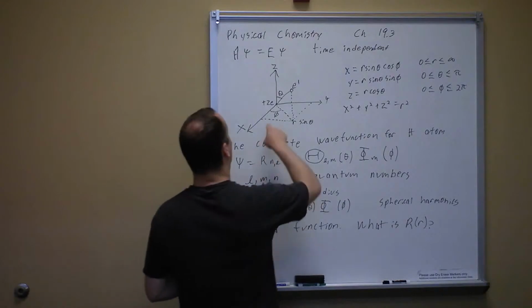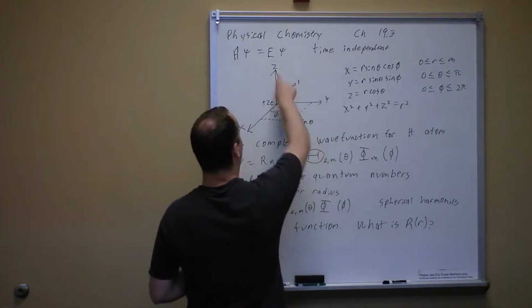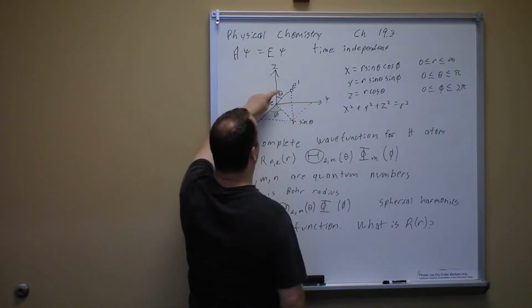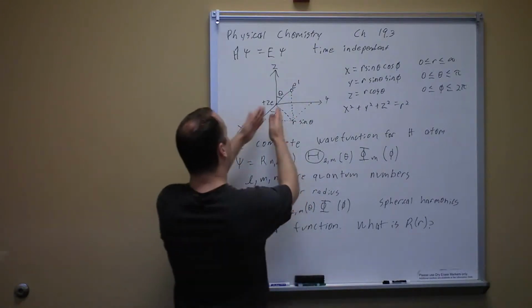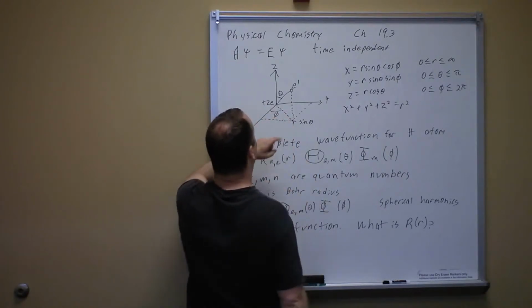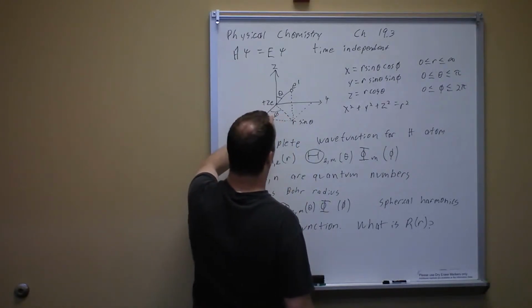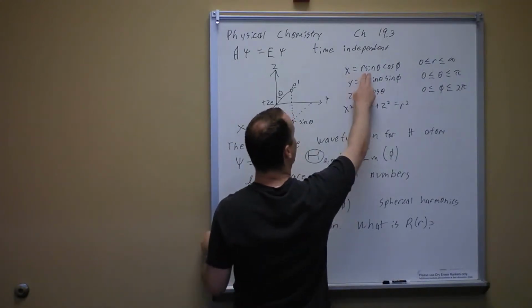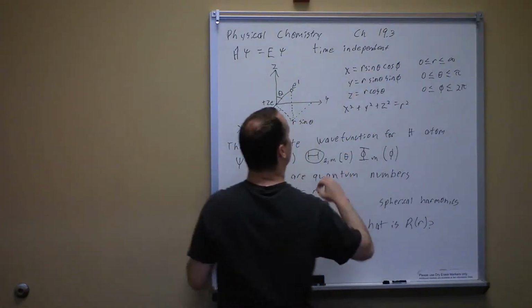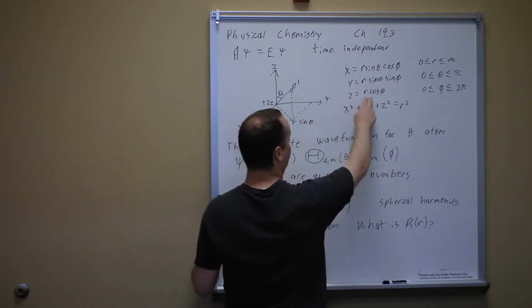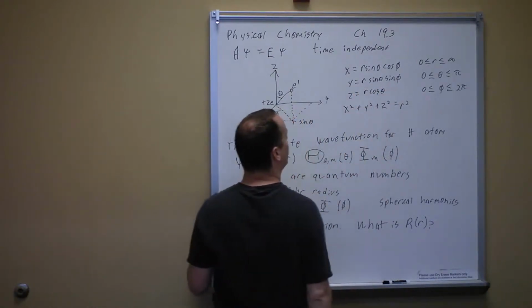So remember we have the x-axis, y-axis, z-axis. The angle from the z-axis is called theta, and then the angle of the projection on the xy plane from the x-axis is phi, however you say that. So x is equal to r sine theta cosine phi, and y is equal to r sine theta sine phi. z is equal to just r cosine theta.